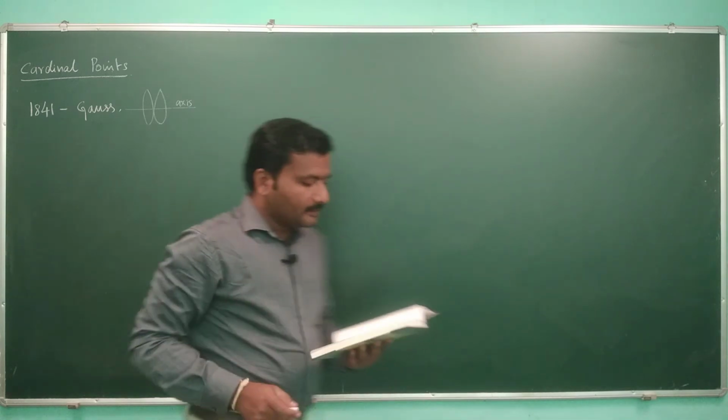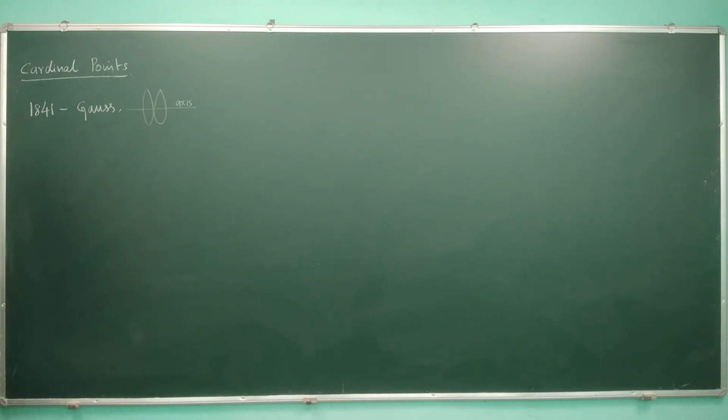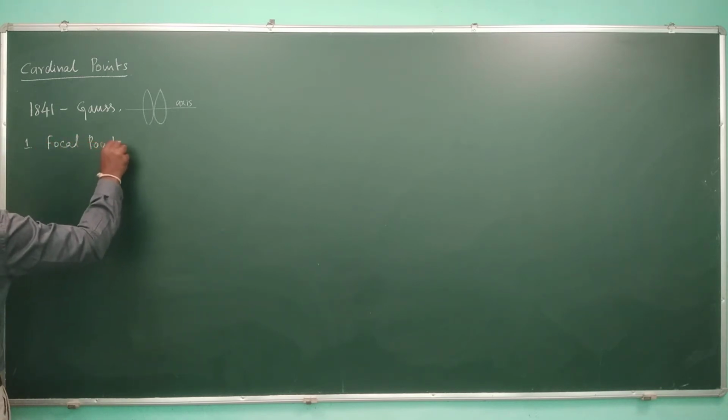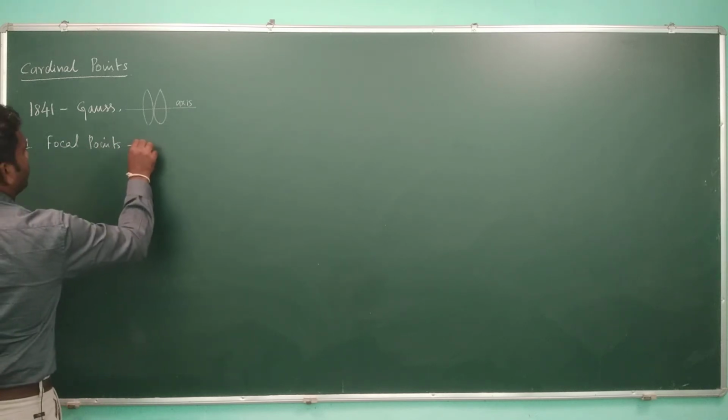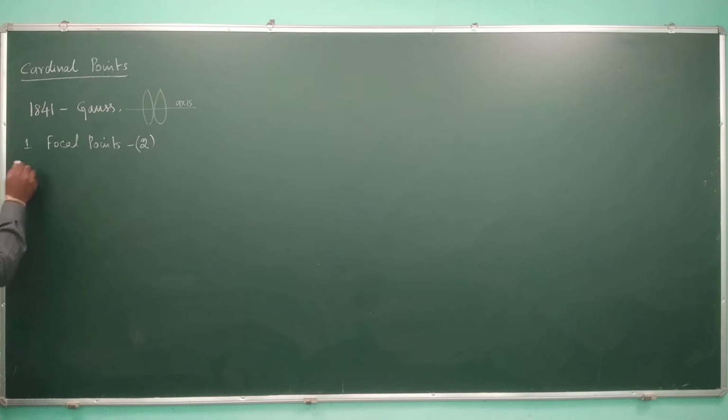Those points, let me list them here. One is the focal point. It is a pair of points, so there are two such points, 2 in number. Another is the principal points.